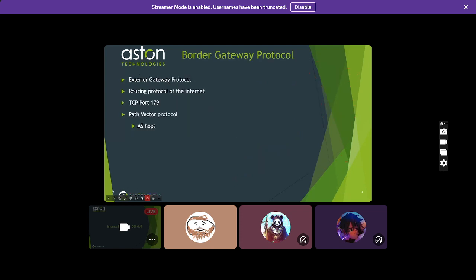Okay, but before we get to all that fun stuff, we're going to talk about BGP. So it is our one and only exterior gateway protocol. Its predecessor was Exterior Gateway Protocol, so BGP is the successor protocol. Like I said earlier, it's the routing protocol of the internet, and it utilizes TCP port 179.